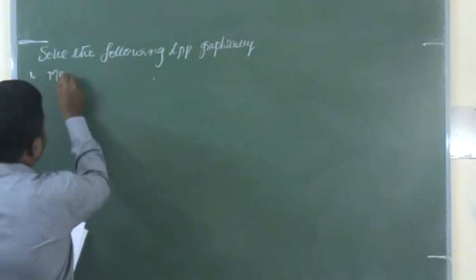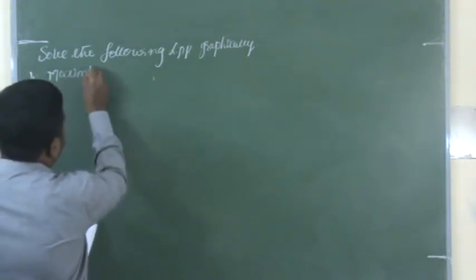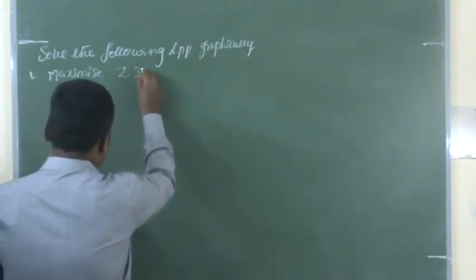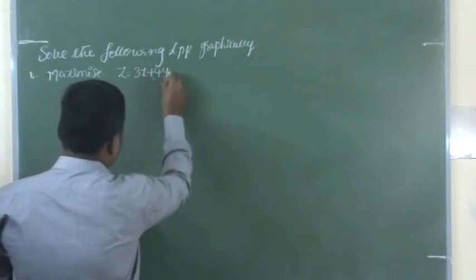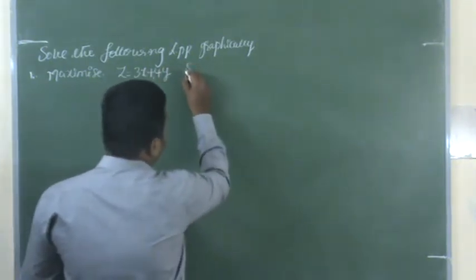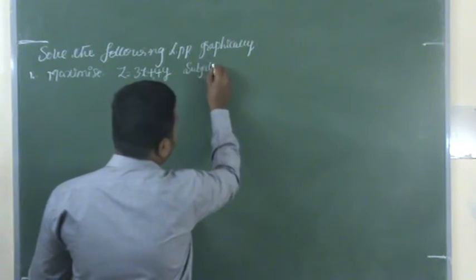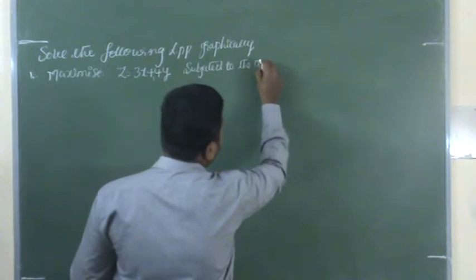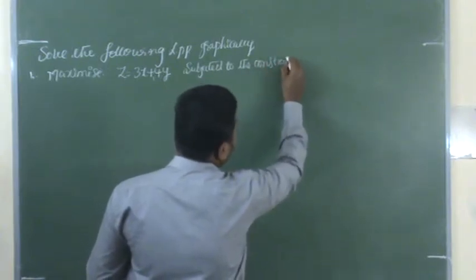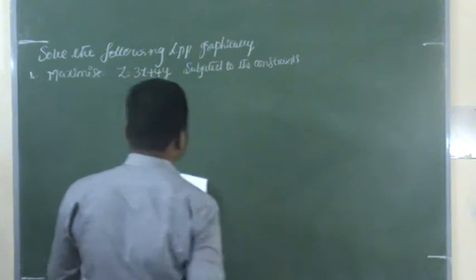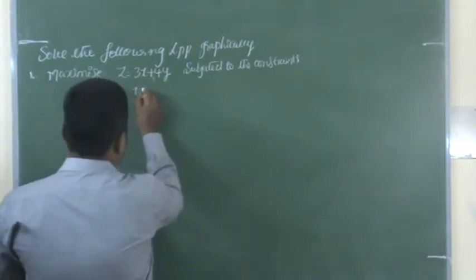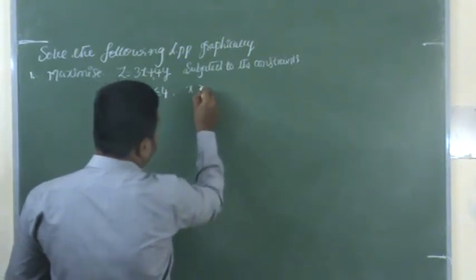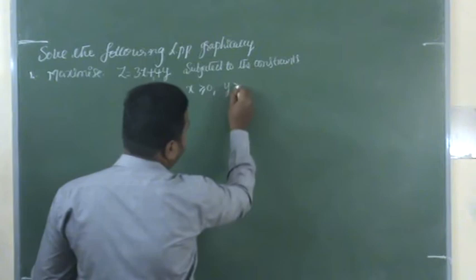Maximize z equals 3x plus 4y subject to the constraints x plus y less than or equal to 4, x greater than or equal to 0, and y greater than or equal to 0.